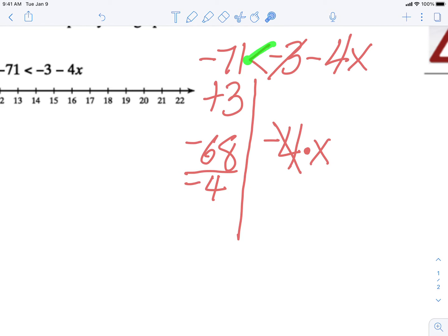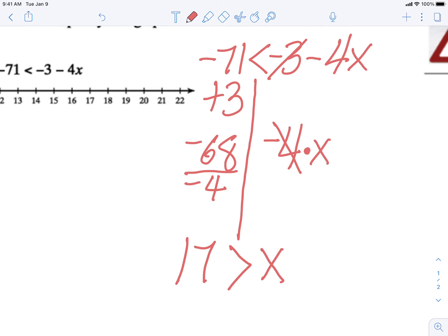That means that this arrow, I'm going to flip it and do it this way now because I divided by a negative. So I'm going to write it this way now. So my x comes down now, right? Because I'm left with x. A negative divided by a negative is a positive. 68 divided by 4 is 17.